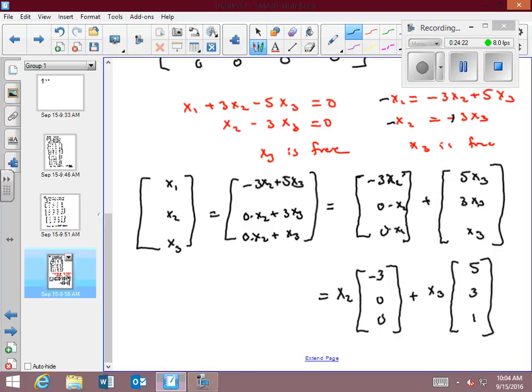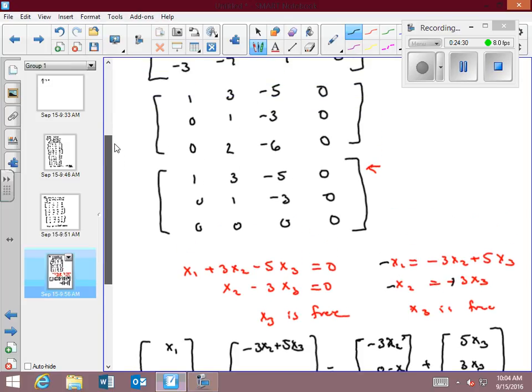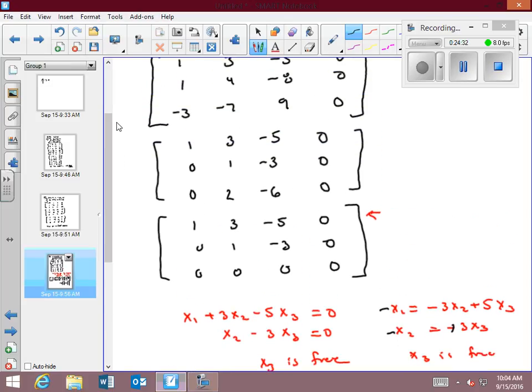Rats. It didn't go far enough. I didn't get this matrix all the way reduced. I could have taken this thing out. Do you see that?